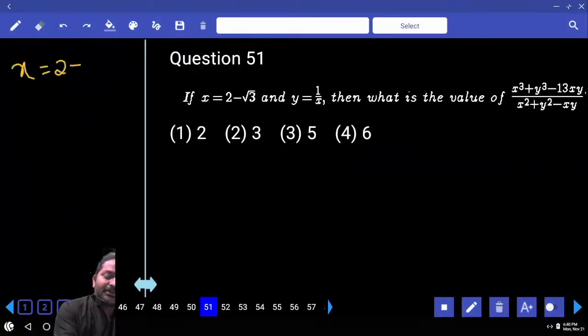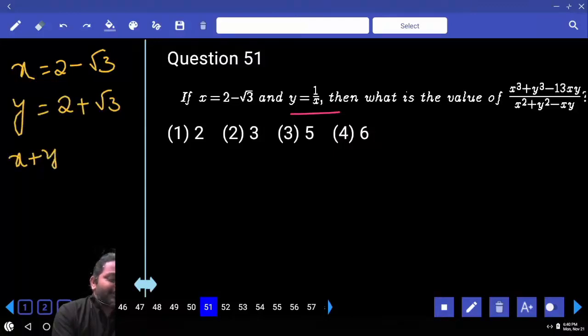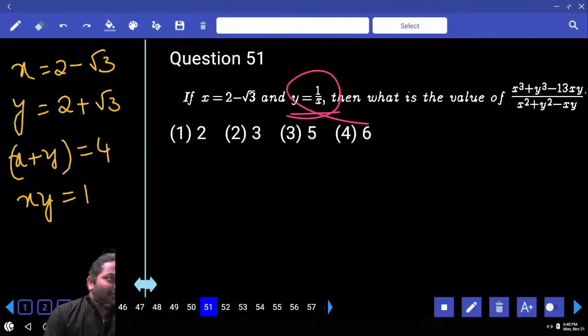If x is equal to 2 minus root 3, y is equal to 1 by x, that means 1 by 2 minus root 3, in shortest form. Okay, perfect. From this, can you tell me what is x plus y? What is x into y? It is 1, because y is equal to 1 by x, so x into y is 1, right?